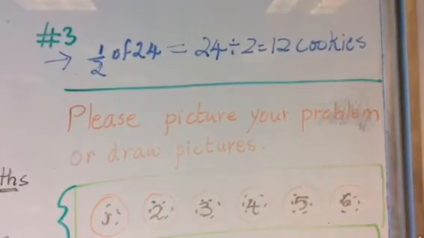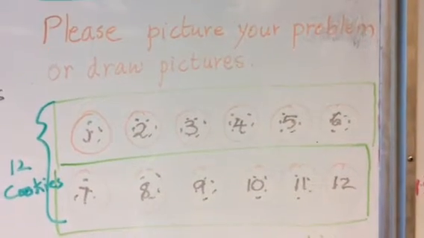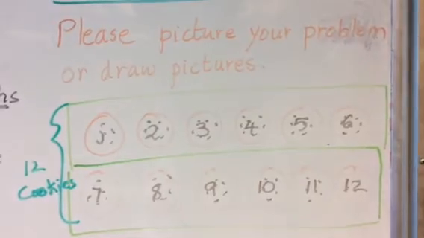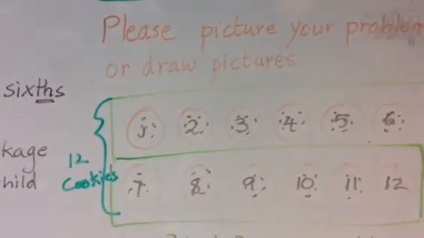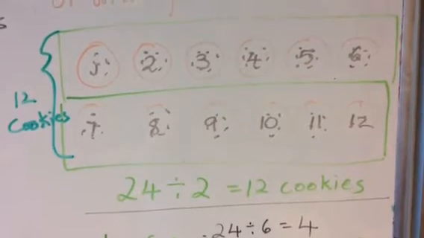Please picture your problem or draw pictures. So here I drew 12 cookies, that is half of 24. Okay, half of 24 is 12 cookies, and 24 divided by 2 is 12.